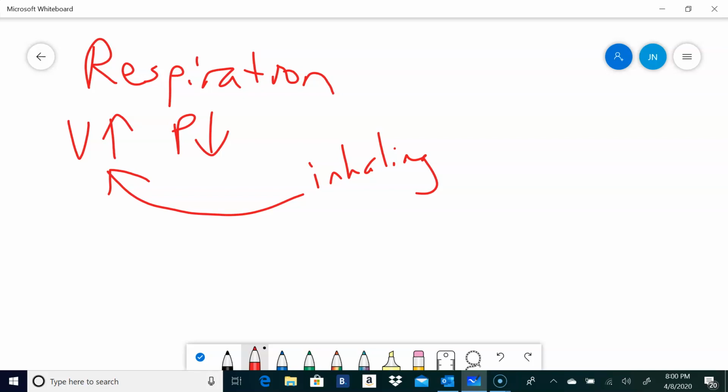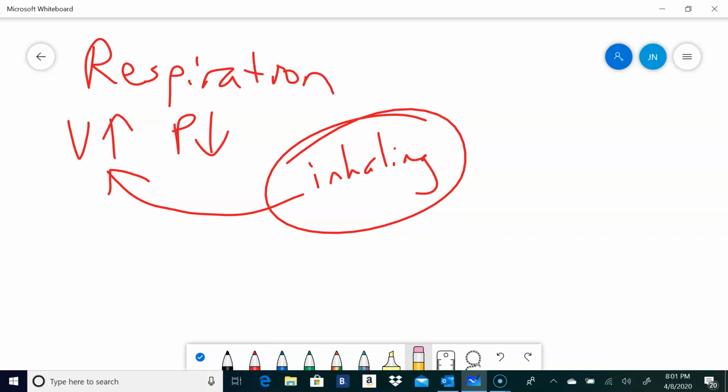The volume of your chest cavity increases, pressure goes down. Gases move with the pressure gradient. If the pressure inside your lungs is lower than it is outside the body, air comes in. Air goes in when you inhale. The opposite happens when you exhale.